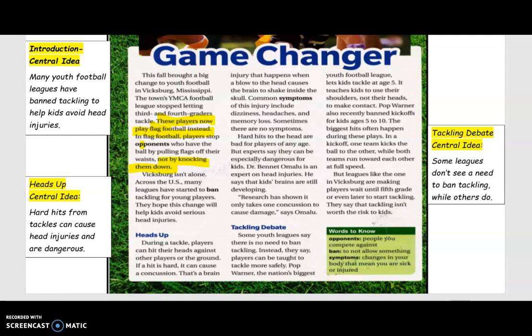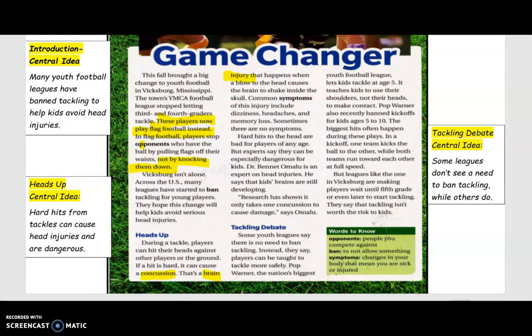All right, so after reading the section Heads Up, I put that the central idea is that hard hits from tackles can cause head injuries and are dangerous. Okay, so why are hard hits dangerous?